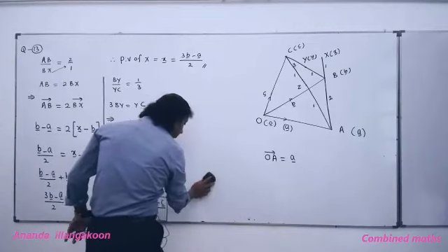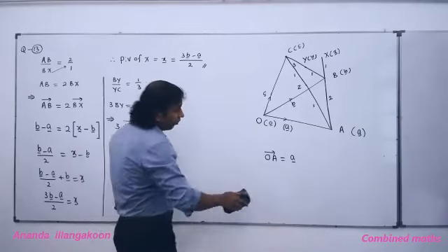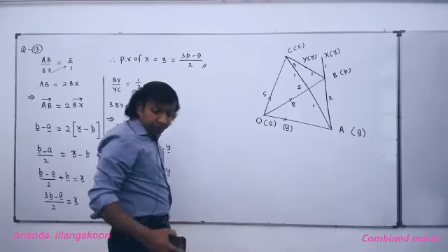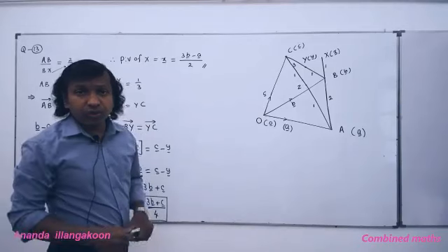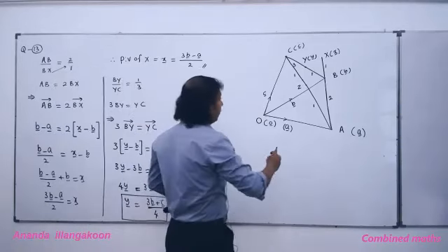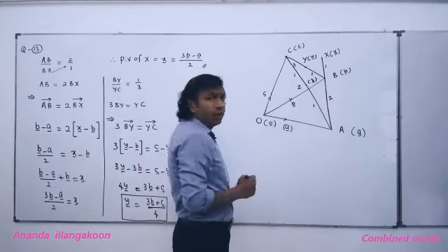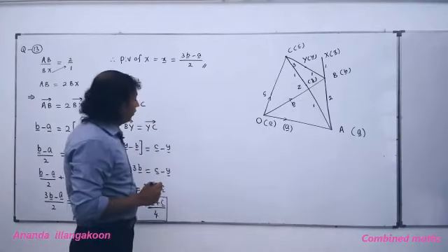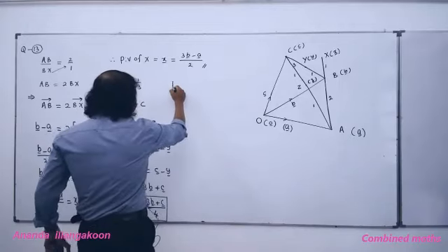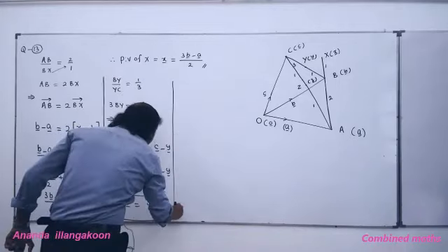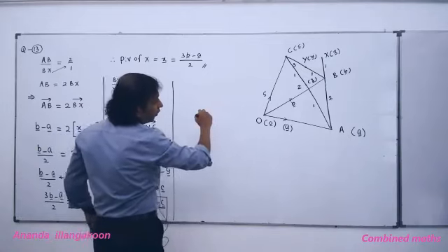Now to show that one, we will first find the position vector of the point Z. Right? Position vector of the point Z. Z is the midpoint of AC, right? Z is the midpoint of AC.